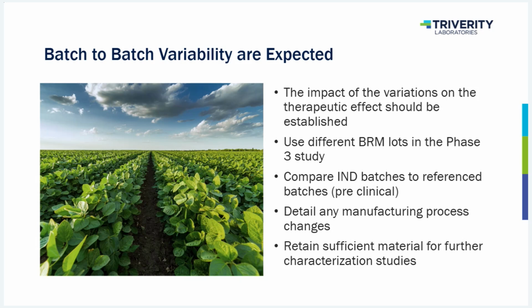It could be that as you're going through the review process with the FDA, they ask you to characterize a certain chemical entity. And then this way you have the materials to be able to go back and test it once that methodology is established.